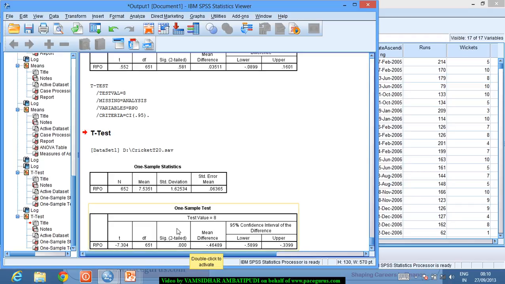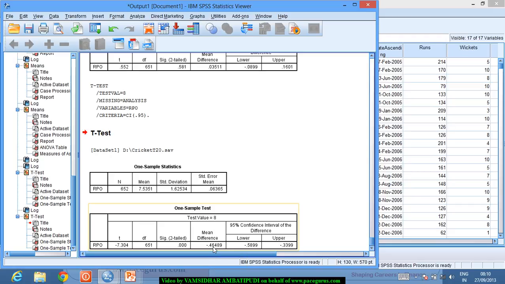So the significance level is less than 0.05, and you can very well make a statement that the mean runs per over is not 8, it is much away from 8, and because the difference is negative, you can say it is much lesser than 8.